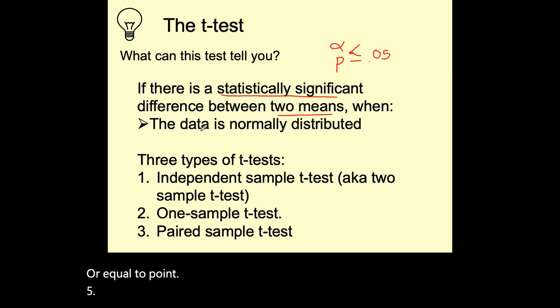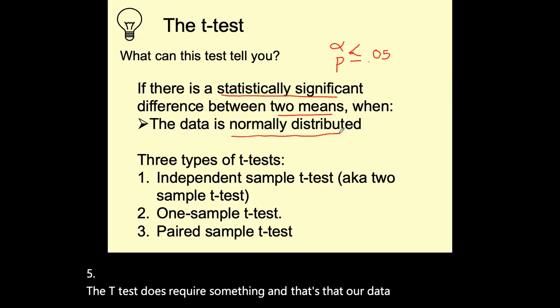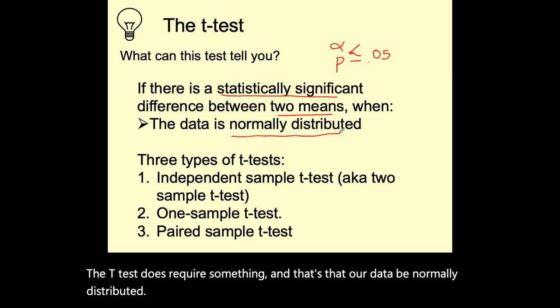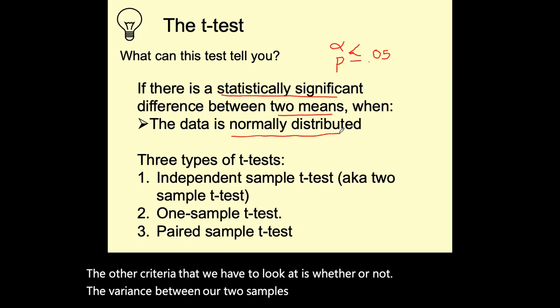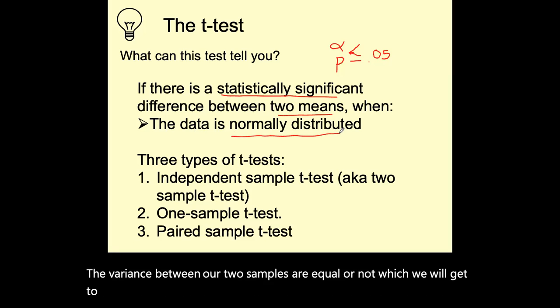Now, the t-test does require that our data be normally distributed. The other criterion that we have to look at is whether or not the variances between our two samples are equal, which we will get to when we run some tests on Monday, and I'll show you what that's all about.